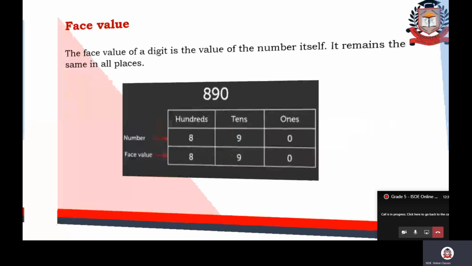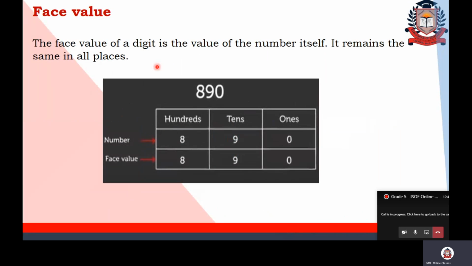Coming to face value of a digit. What is the face value of a digit? Face value of the digit is the number itself. So irrespective of the place where the digit is, the face value never changes, right? Suppose you take a number 890. So 0 is in ones place, 9 is in tens place, 8 is in hundreds place. But when I am asking you to write the face value, you need not bother about the place where the number is occurring.